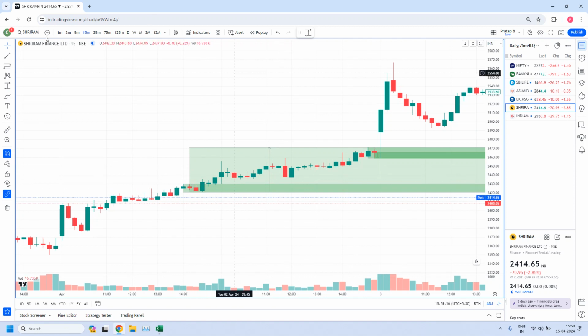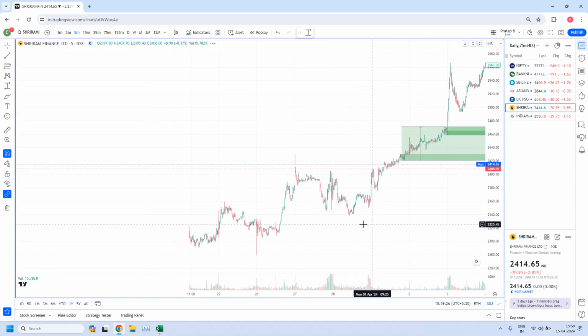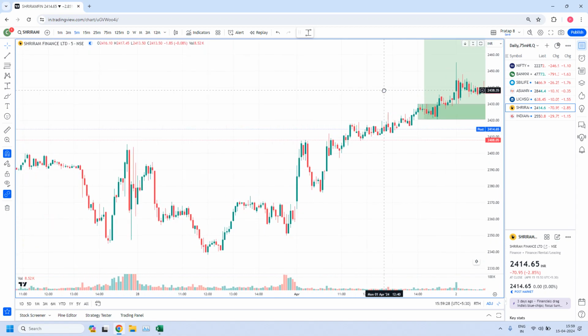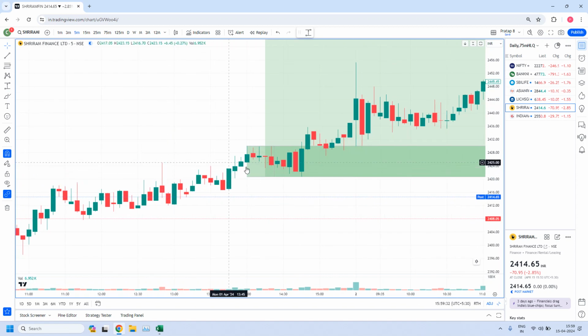Now these 15 minutes we need to fine tune, but here I didn't find a proper 5-minute structure. Here I identified a good structure. Let me show you. So here the structure is not at all good. See the 5-minute candles within this zone.